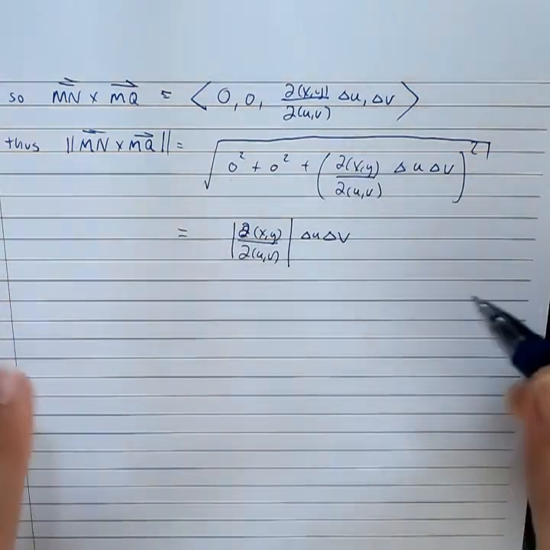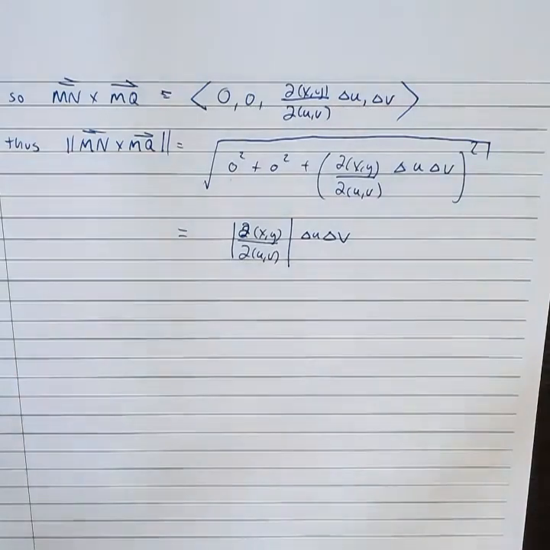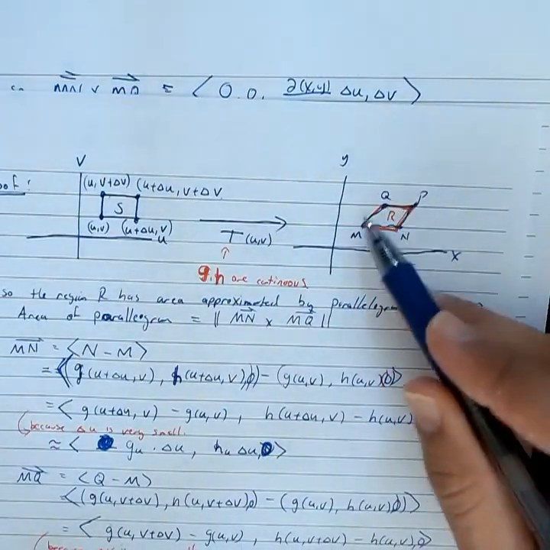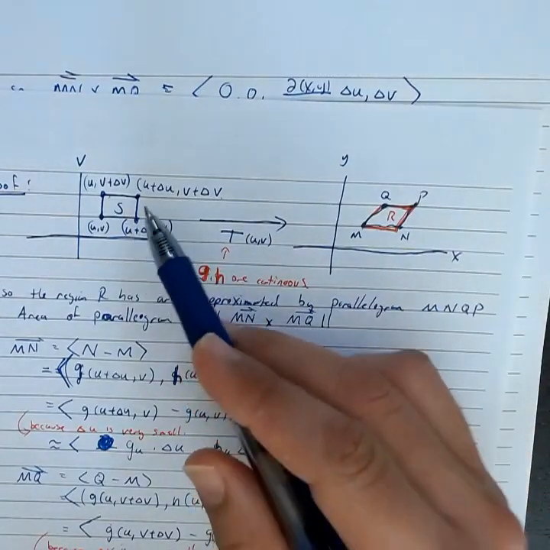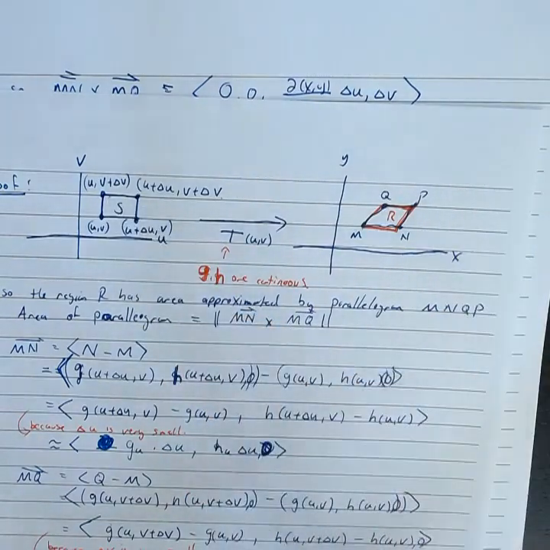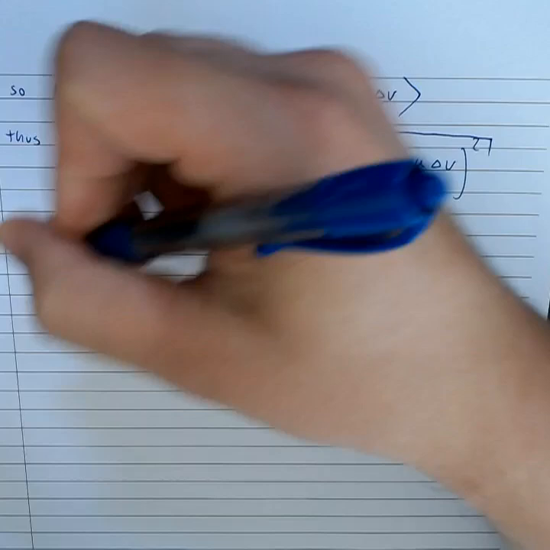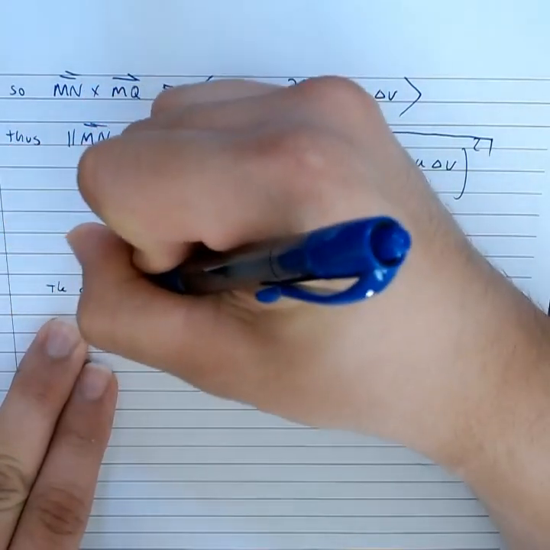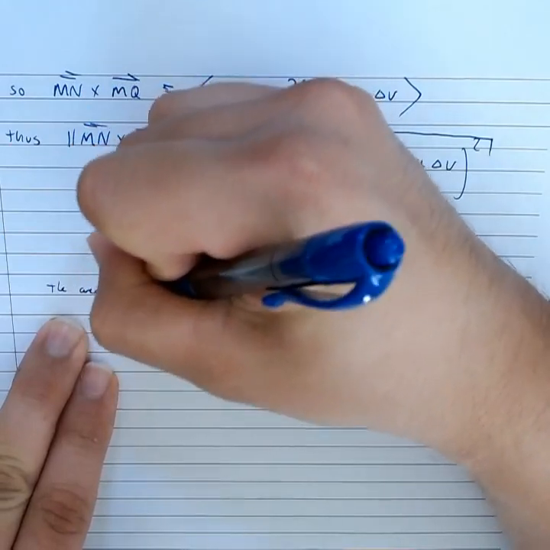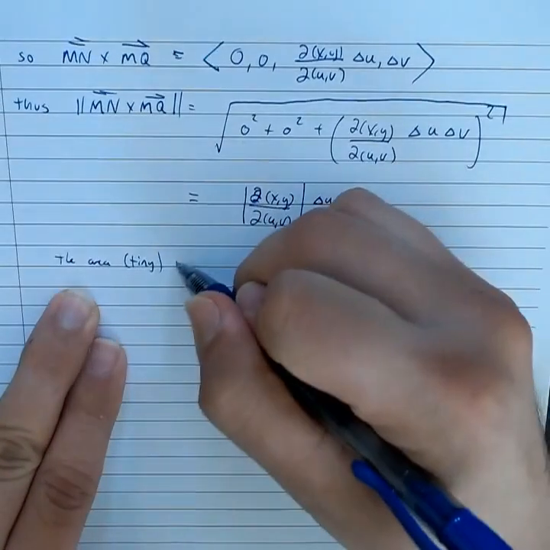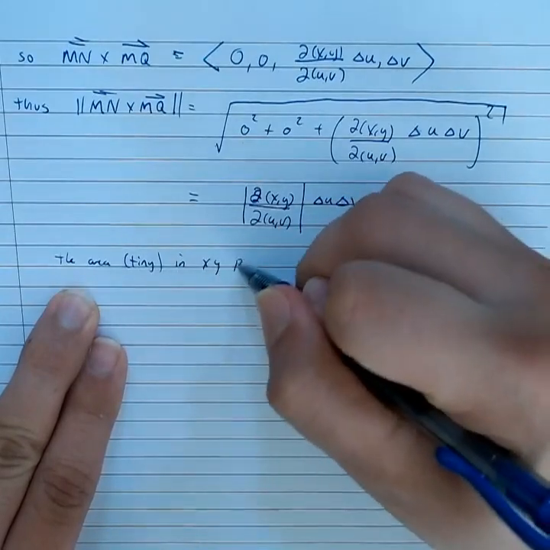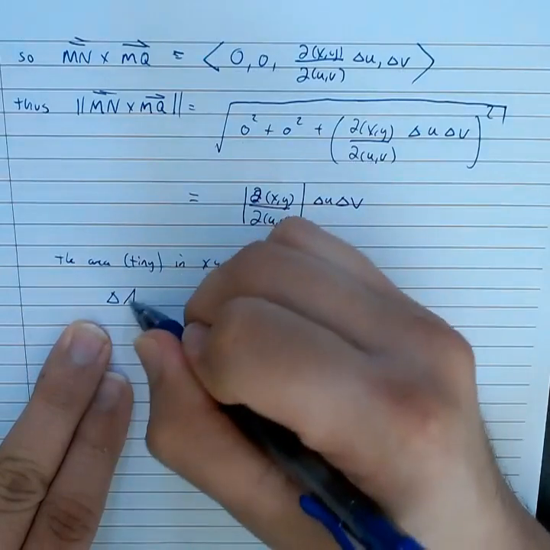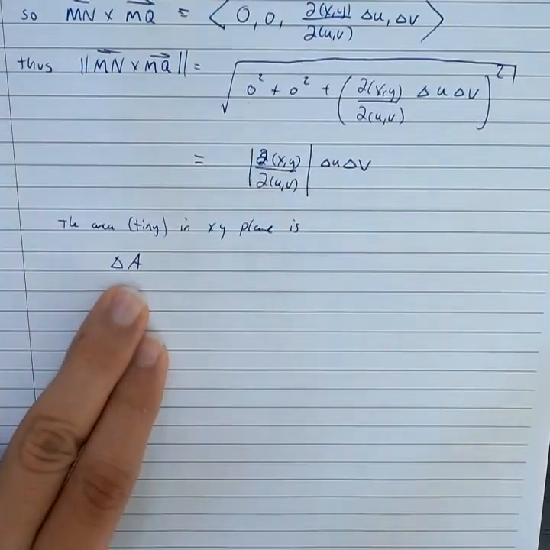So that means that the small little change of area in the xy plane, that means this little area here, and remember, it is a little tiny area. That was the initial assumption, assuming we have very tiny little patches of things. Then that means that the tiny area in the xy plane is delta A, because after all, that's the notation we usually use for a small little bit of area.